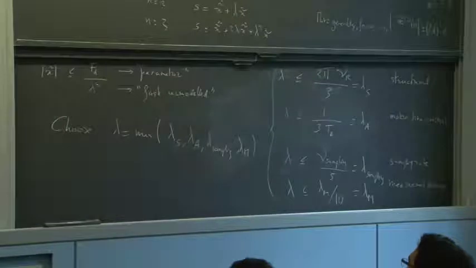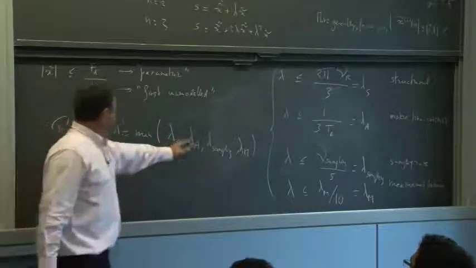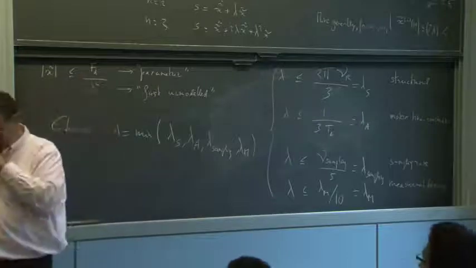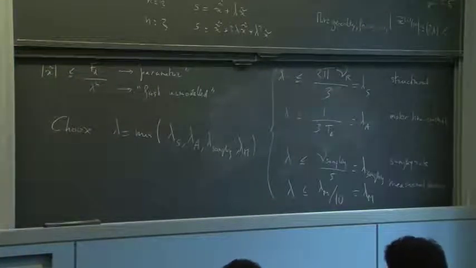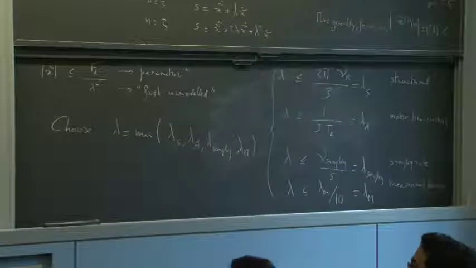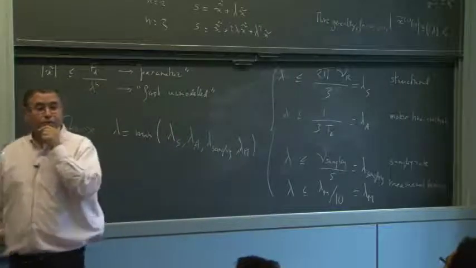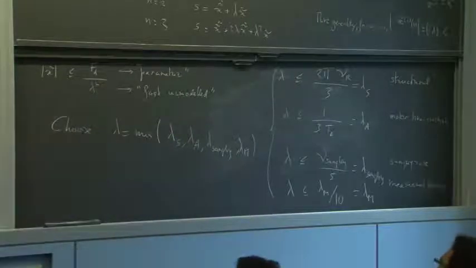So lambda is equal to this because we want it to be as big as possible. What does this imply? That lambda is the minimum of these few numbers.